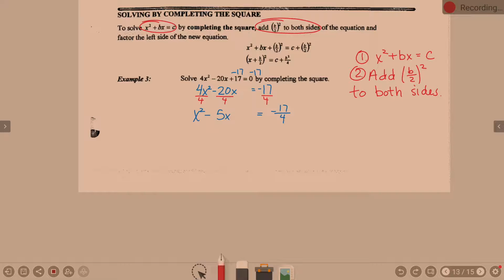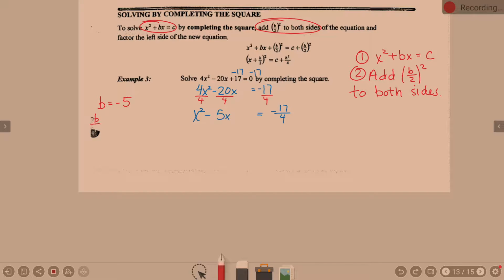And I'm going to be specific, and we need our current b, yes? You don't want to go up to the original problem. We want b from our current form. And so, b is negative 5.